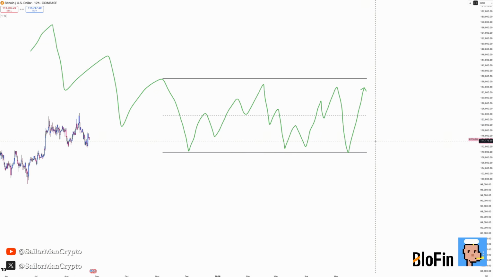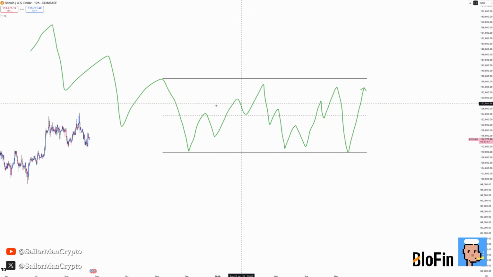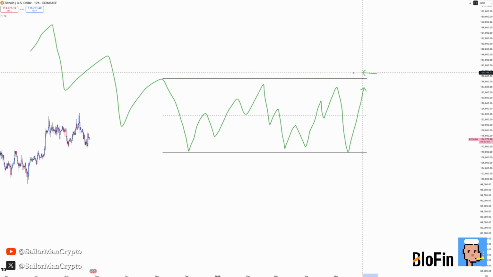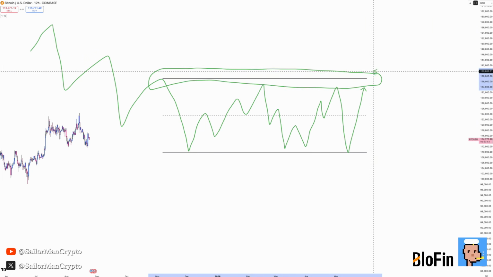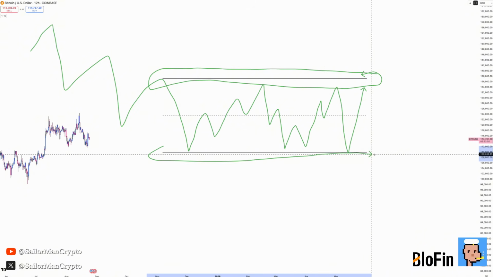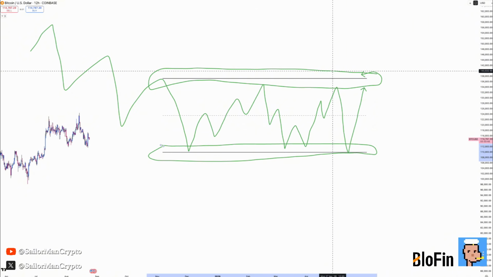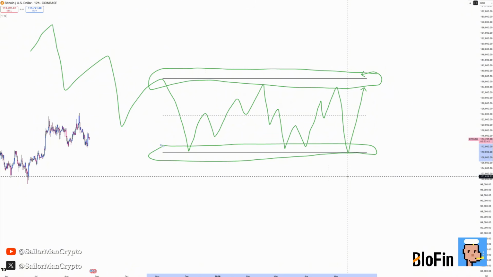But you will ask, how can you trade if you don't have an approach? My approach in these ranges is always to short premium and long discount. I want to short as close as possible to range high, and I want to long as close as possible to range low.